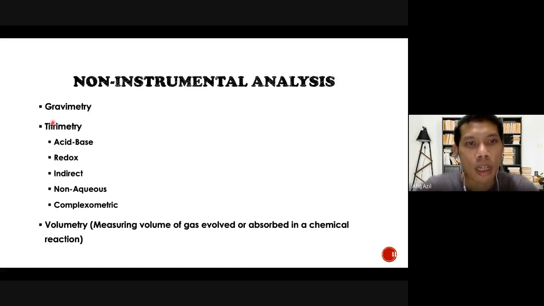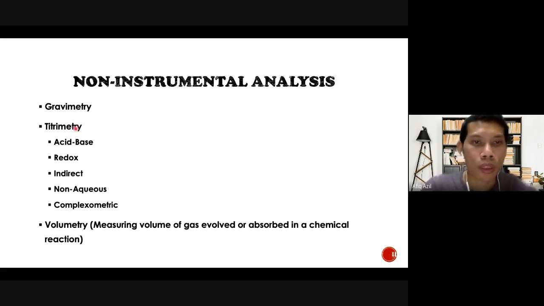And then titration or volumetric analysis also falls under non-instrumental because you are basically using glass apparatus and chemicals, and you have to manually do the titration yourself, and also look for the color changes.